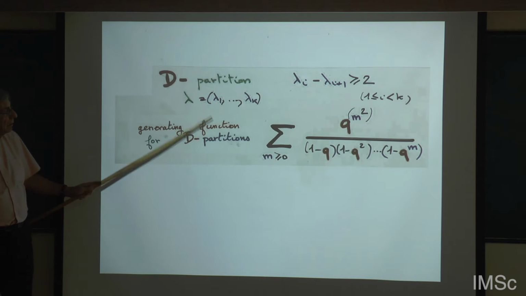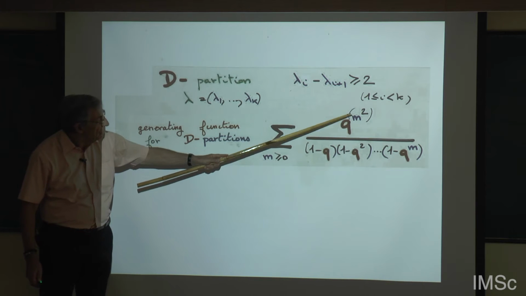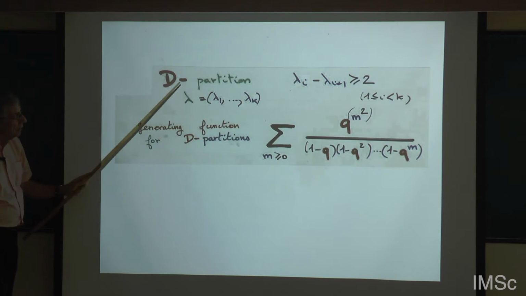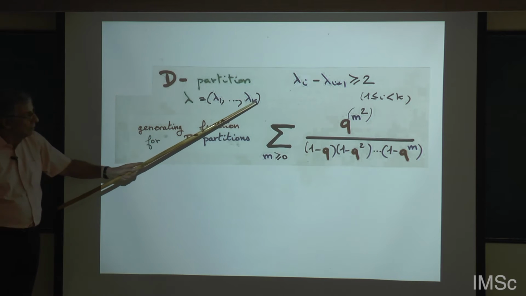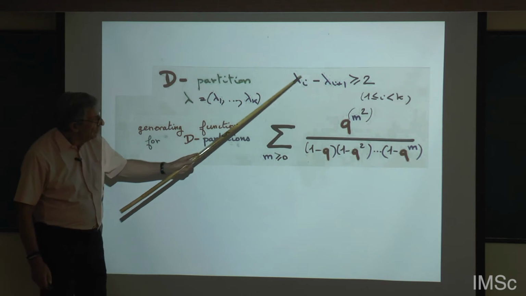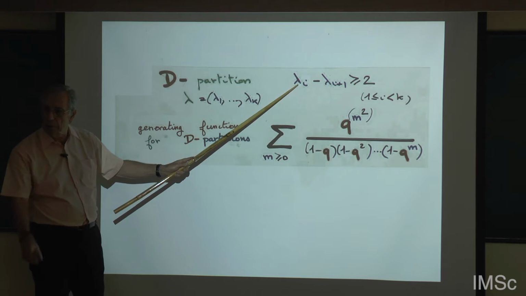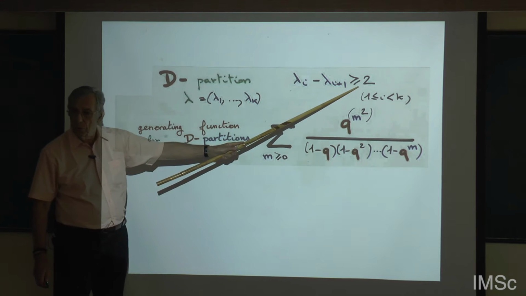And I claim that if I multiply by this in the numerator, this is exactly the generating function of what is well known in combinatorics as D-partitions. D for difference. A D-partition is a partition of an integer such that the difference between two consecutive parts is at least 2.